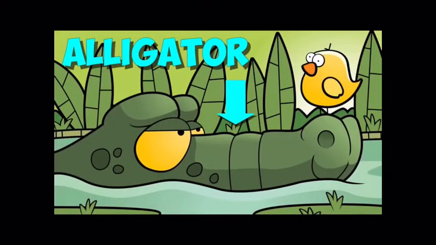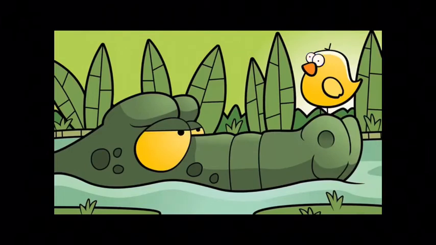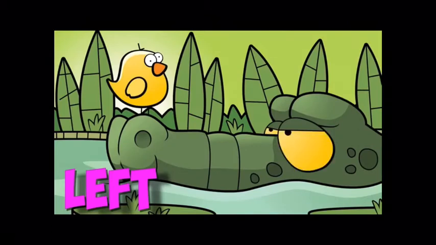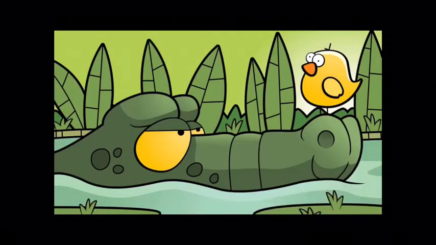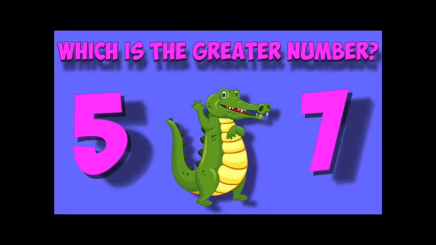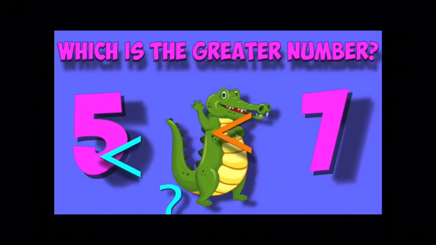Alligator, alligator, in the mood for food. Oh no! Alligator, alligator, now he's a hungry dude. Looks for something on his left side, looks for something on his right side. Alligator wants the biggest meal every day and every night. What's the biggest number? I'll eat the greatest number. I'll open my mouth for the greatest number.